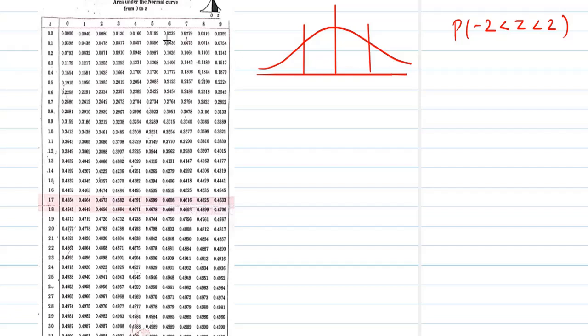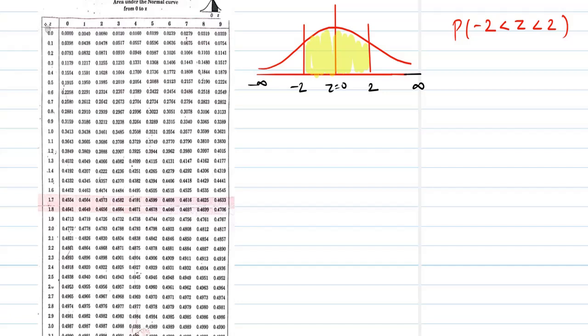So this is minus infinity, this is Z equal to 0, this is going to move towards plus infinity. This is -2 and this is going to be +2. So I want the probability that the value lies between -2 to +2. So what will be the region which I need to find? This will be my region of integration, or the area I want to find out.